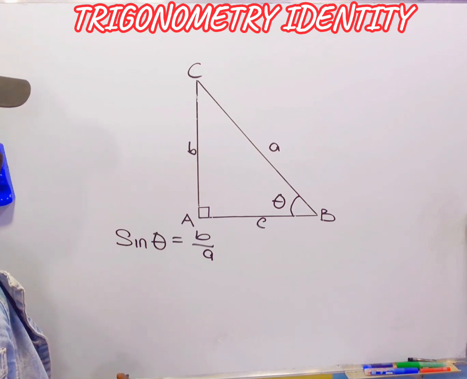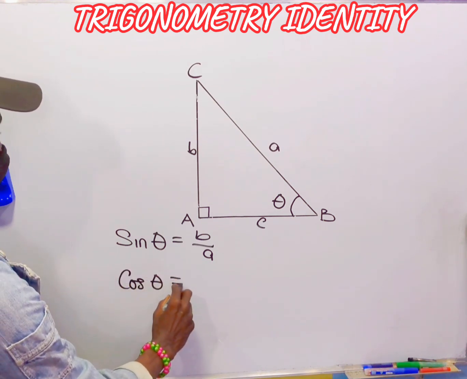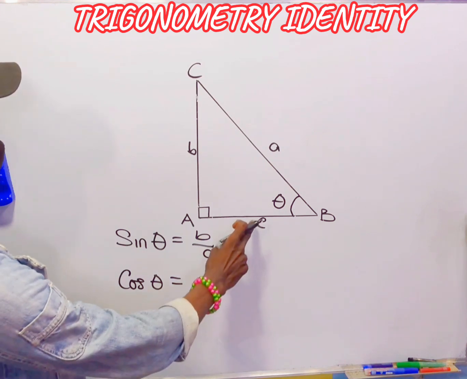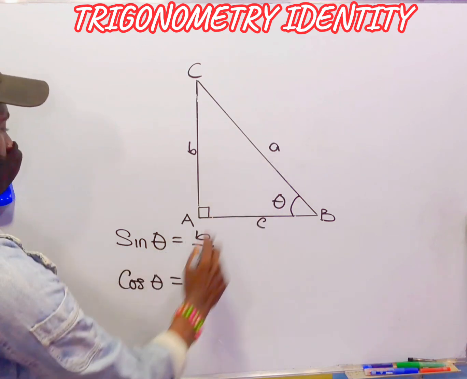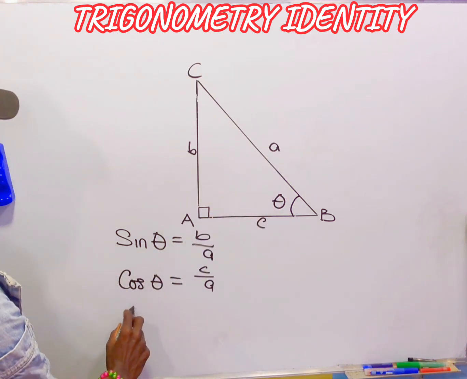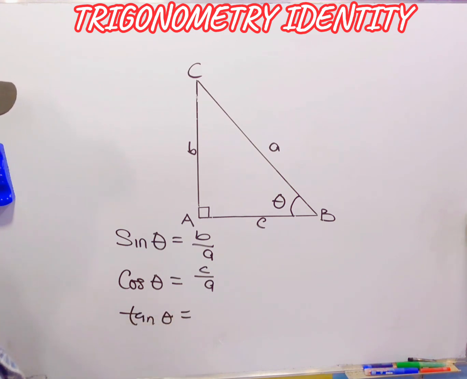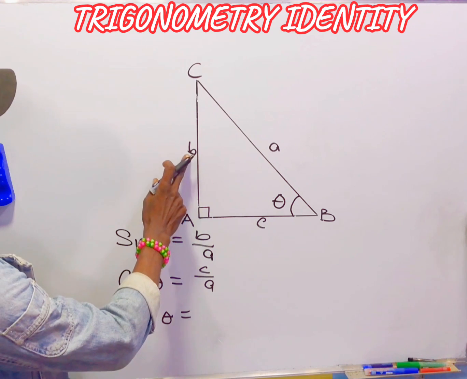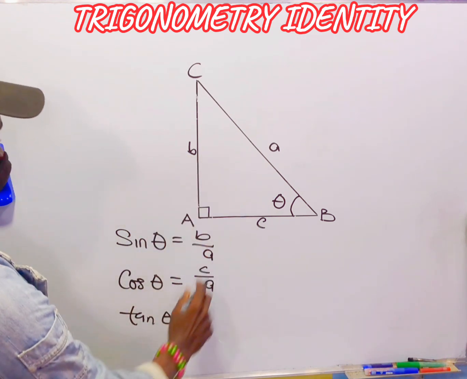Also, we said cos theta is adjacent of theta over the hypotenuse, and also tan theta is opposite of theta over the adjacent of theta.